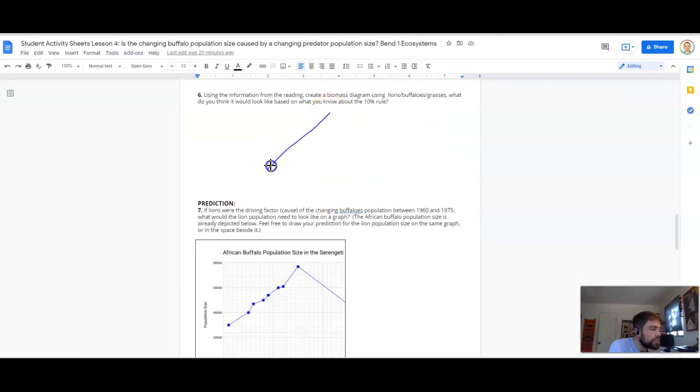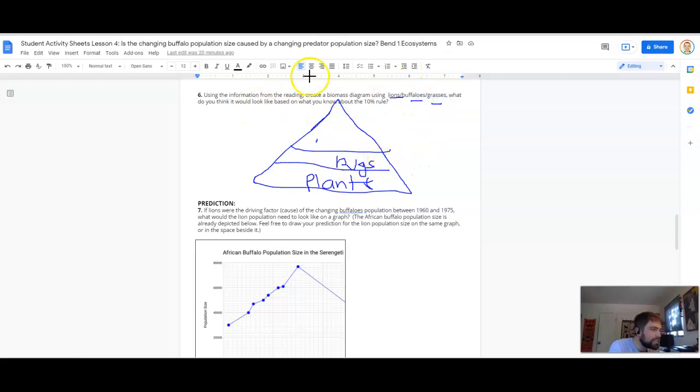So in your notes you're going to draw a pyramid describing this, where you'll have plants, primary consumers like bugs, then lizards. Those are each part of the food system, but you just need to include the lions, the buffaloes, and the grasses.